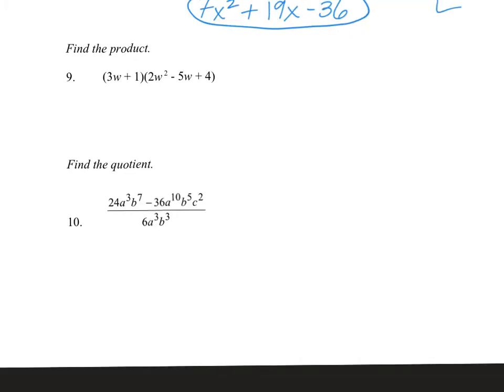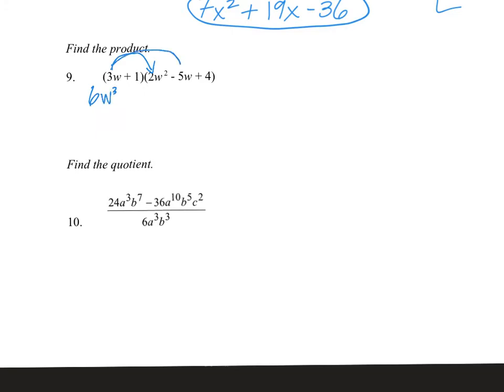Okay, so now we are on number 9, and we have a binomial multiplied by a trinomial. So in this case, what we're going to do is distribute that first term in that binomial to each term in the trinomial. That's what we're going to do first. So 3w times 2w squared is going to give us 6w cubed.